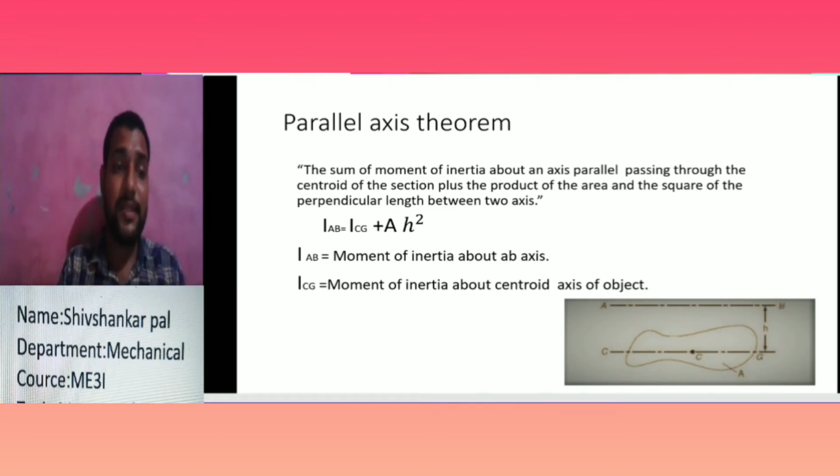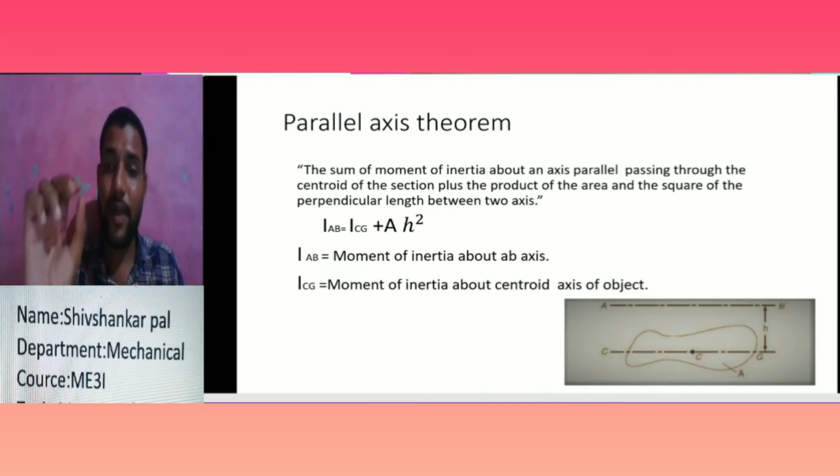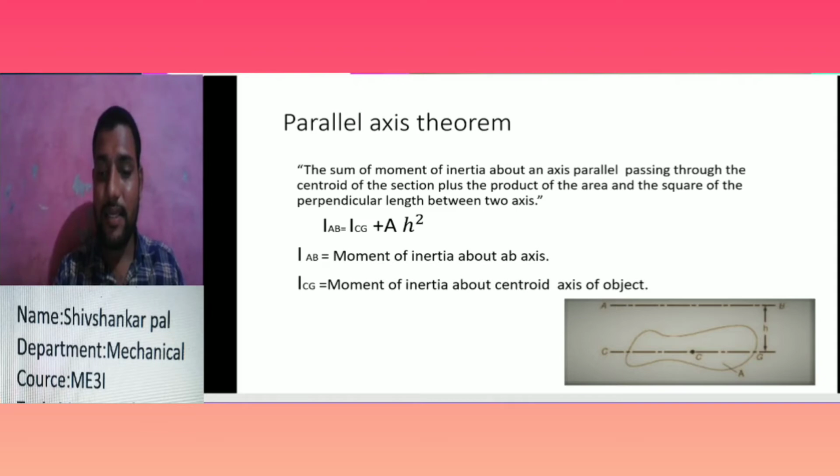In definition, it says the moment of inertia about an axis parallel to the axis passing through the centroid of the section is the moment of inertia about the centroidal axis CC, in the figure C Z, which passes through the center of gravity of the object, plus the area of the object times S squared, where S is the perpendicular distance between the two axes.